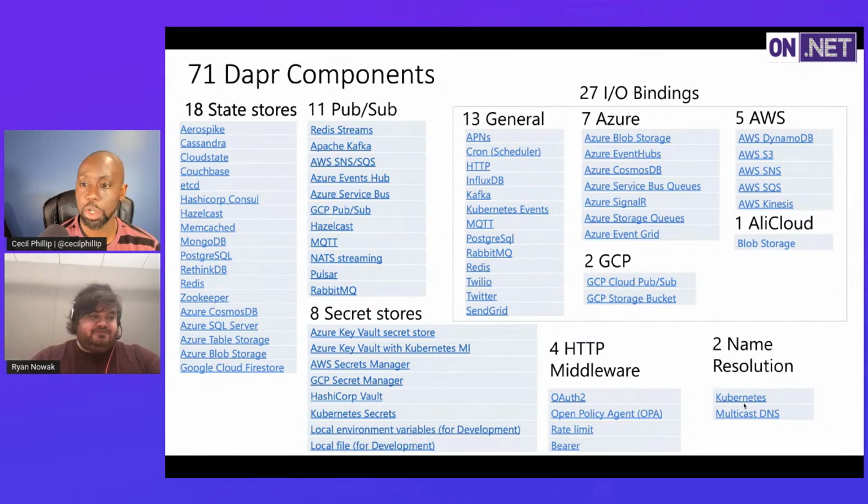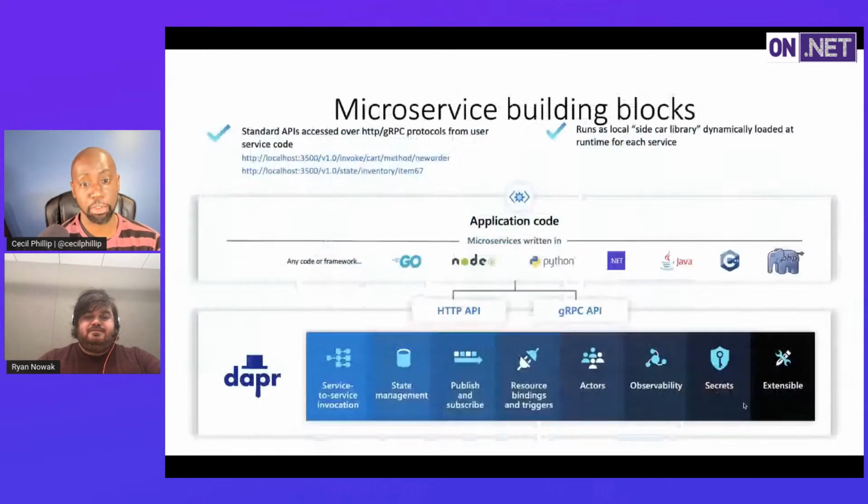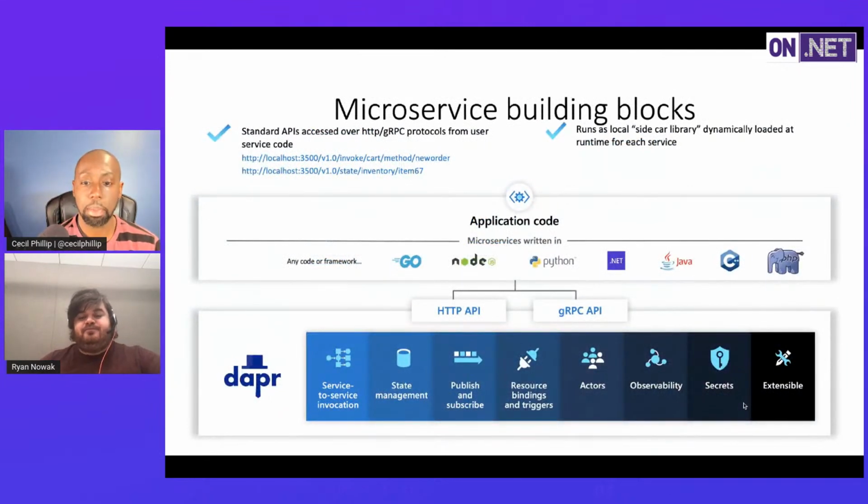Yeah, I was going to ask you a question real quick because you said a lot of stuff and I want to make sure that I frame it properly. Out of the box, Dapr is really just a set of packaged conventions, right? Or packaged features that I could choose to use all or a little bit of, right? So if I wanted to use service discovery or state management, I could use those. Or if I wanted to use observability and secrets, I could use those.